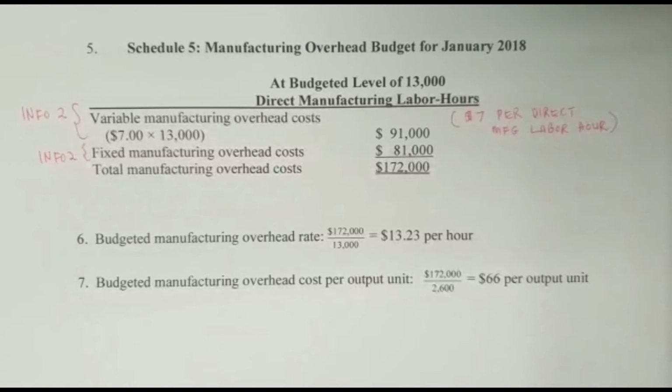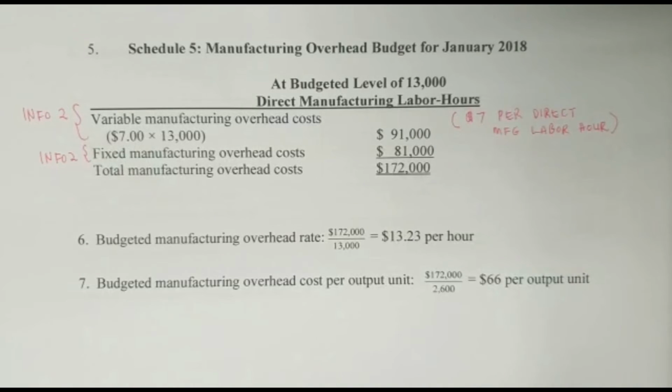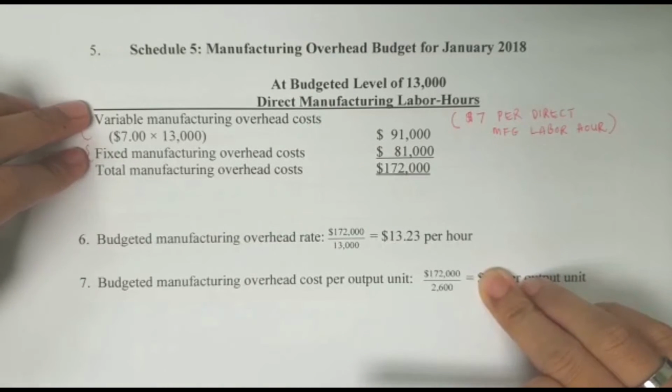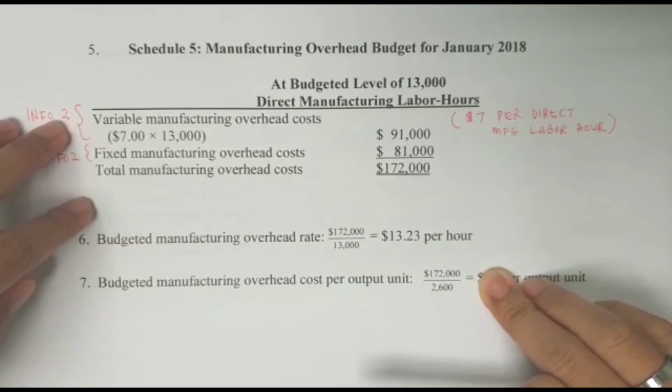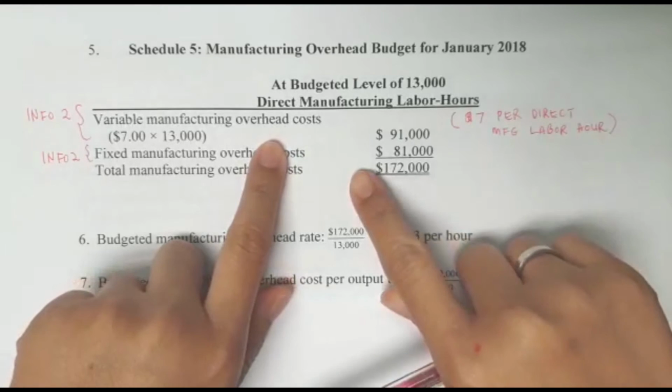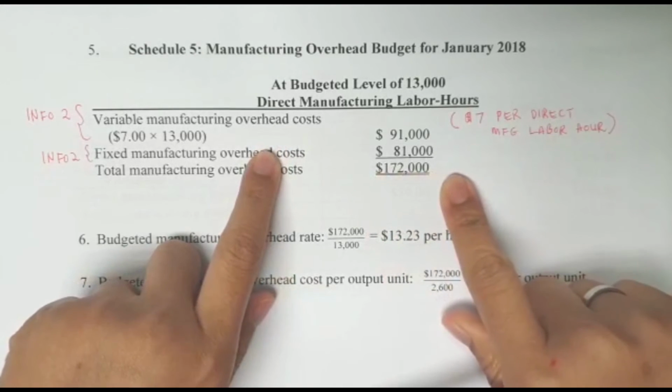Okay, now after we calculate for direct material and direct labor, it's time for us to calculate Schedule 5, that is the manufacturing overhead budget for January 2018. We have to know here that the base for our manufacturing overhead budget has to be based on the information given to us.